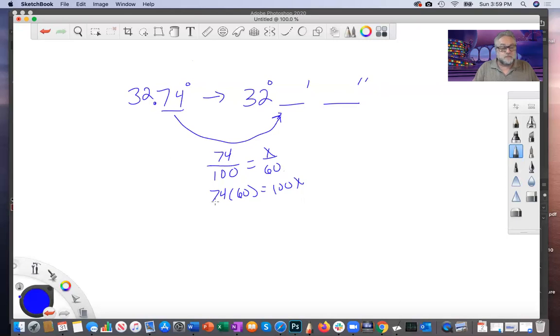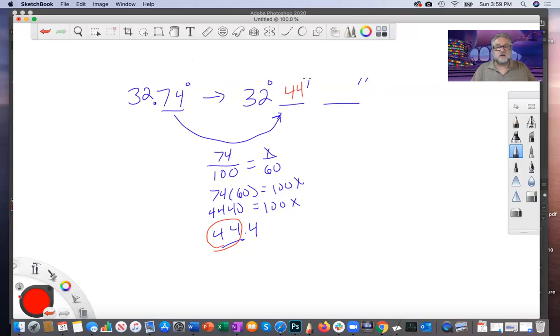So that's 4440 equals 100x. And when I divide by 100, I get 44.4. So the 44 gets used, let me change to red, as my minutes.